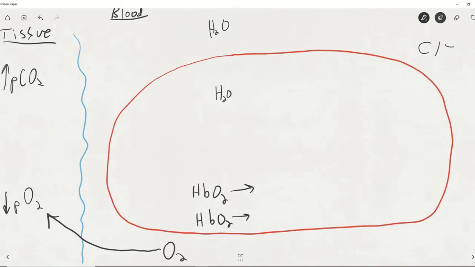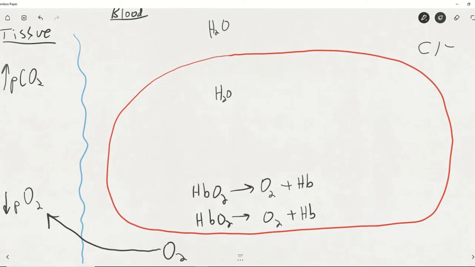And I'm going to write this a little bit backward from the way that we saw it on the slide. Instead of writing Hb plus O2, I'm going to write the O2 first because of something that's coming later. Now you may be asking, why is it not HHb? We'll get to that, don't worry.